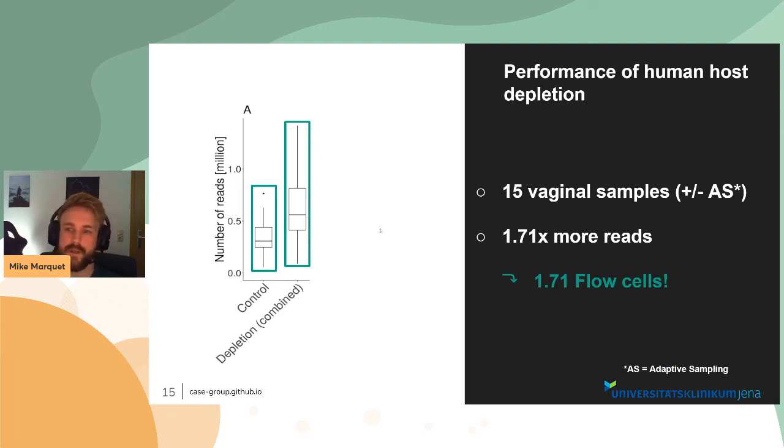As you can see, we got around 1.7 times more reads in the depletion experiments compared to the control experiments. This translates roughly to, if you want to generate the same amount of data using no adaptive sampling, we would have needed at least 1.7 flow cells, so basically 2 flow cells for sequencing.